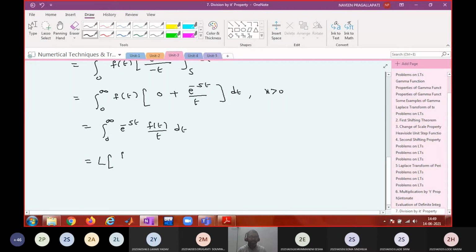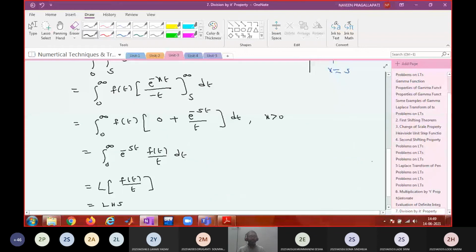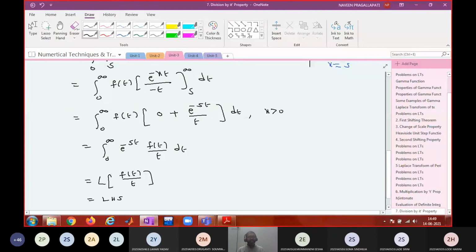Laplace of f of t by t, which is equal to LHS. Is that fine? So the key point here is considering RHS and changing the order of integration. If you change the order of integration, then you will get the result easily.